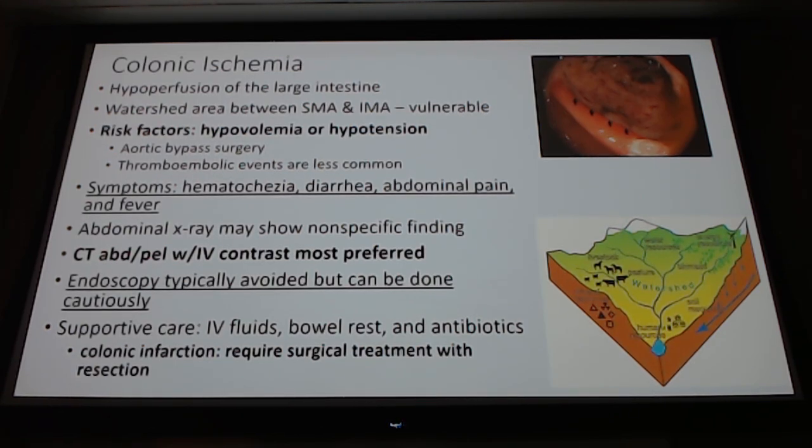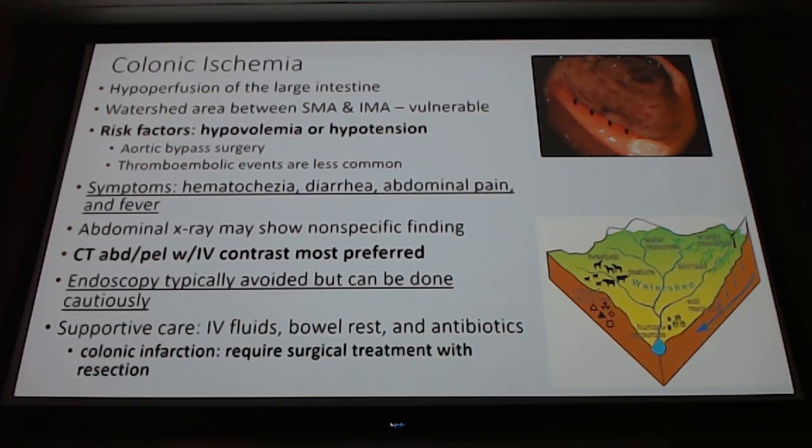We can potentially see it with CT abdomen pelvis with IV contrast. It's just going to be non-specific findings though, right? It's not normally occlusive. It's from a low flow state. So imaging, although CT is most preferred, it's really trying to rule out everything else.